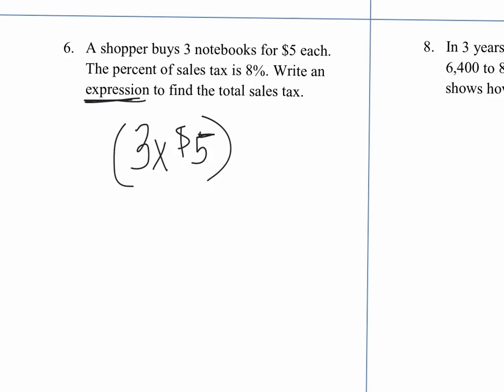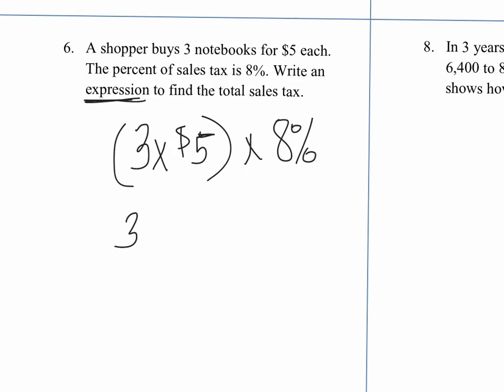If you spent $15, you still had to pay the sales tax, so you would have to multiply that by the 8%. That would allow you to find the total sales tax.